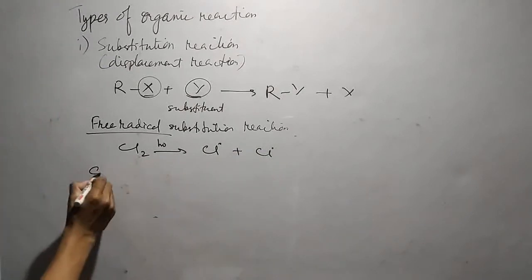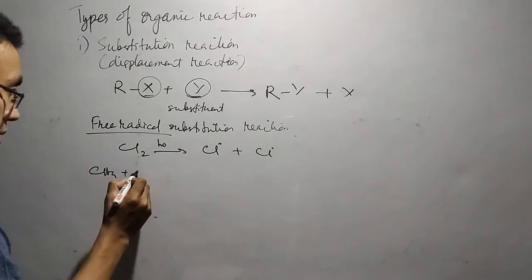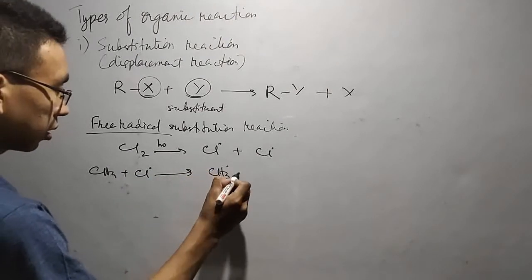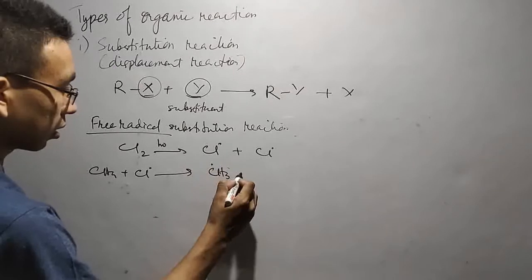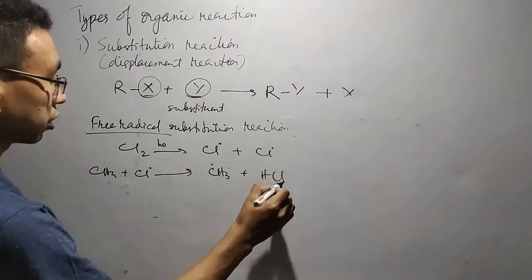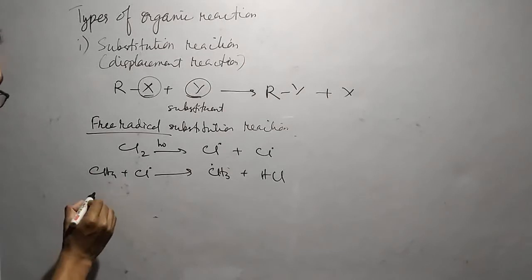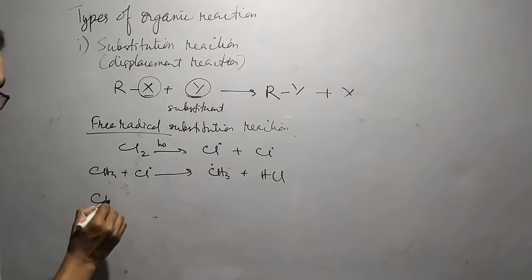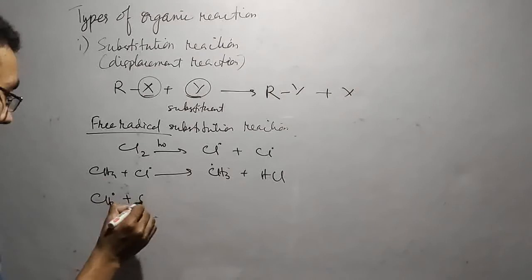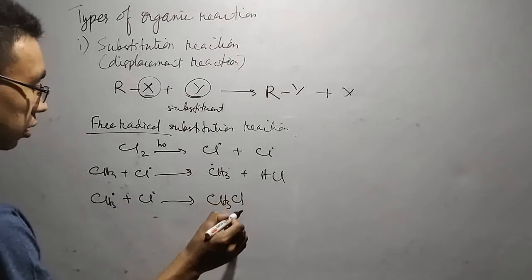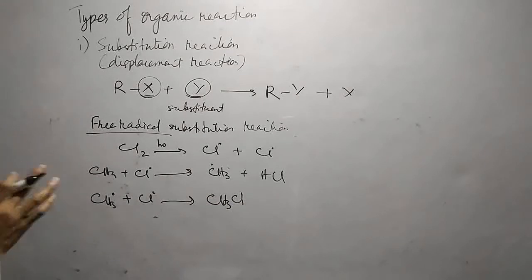Now CH4 plus Cl free radical will give CH3 free radical plus HCl, then CH3 plus Cl dot will give CH3Cl. So this is an example of free radical substitution reaction.